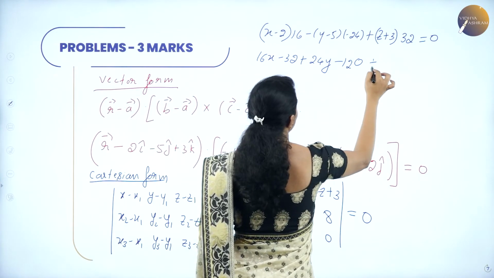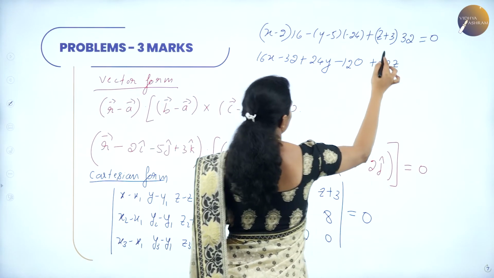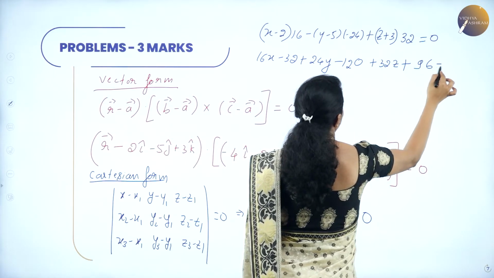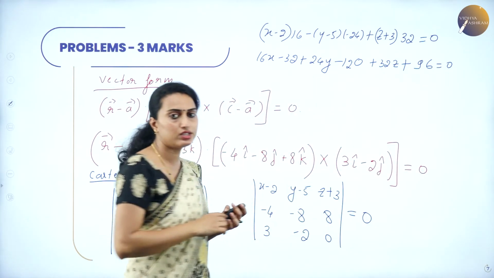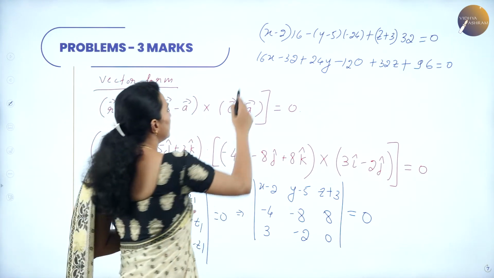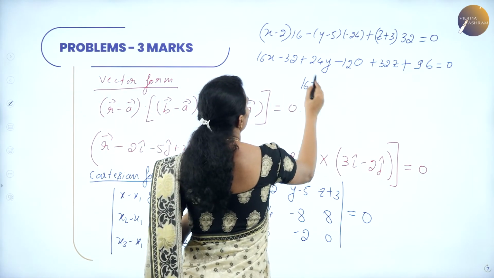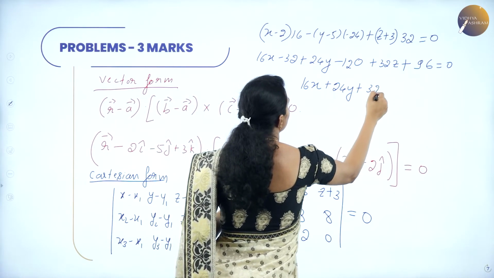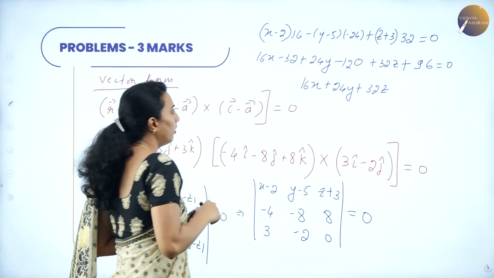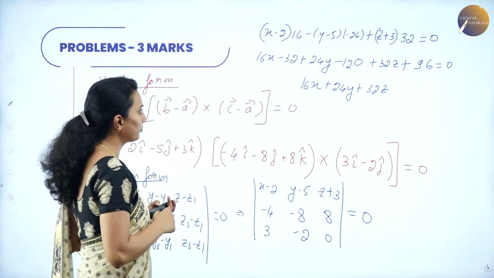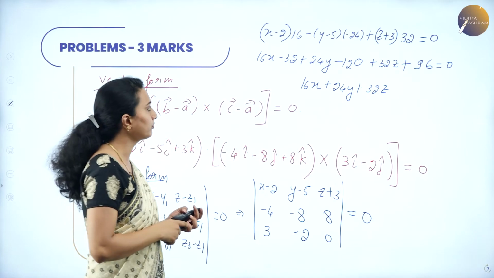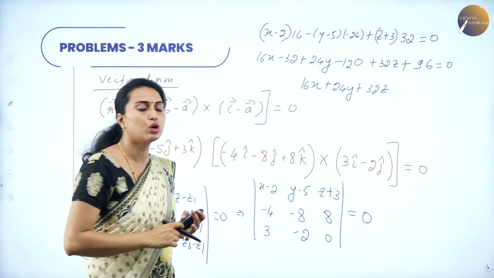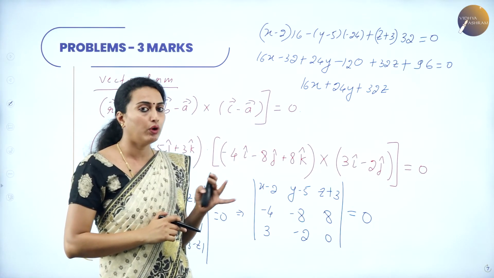Again 32z plus 3 2s are 6, 3 3s are 9 equals to 0. Right? Now you have 16x plus 24y plus 32z. Now if you add all this, you can add up these two, 120 plus 32 which is 152.